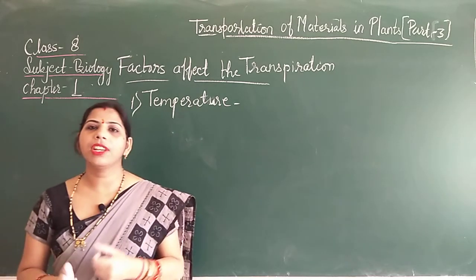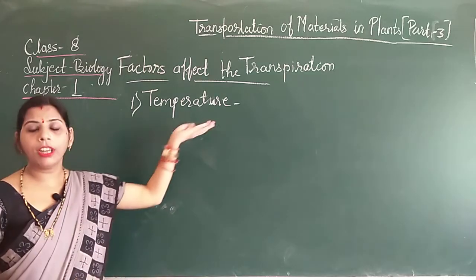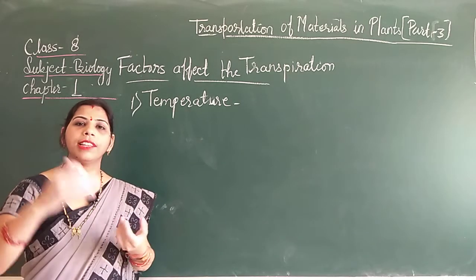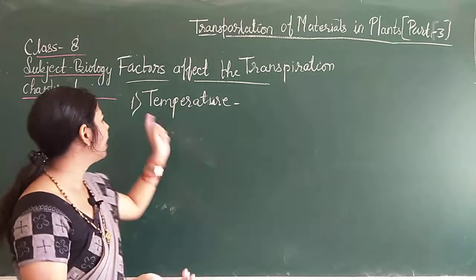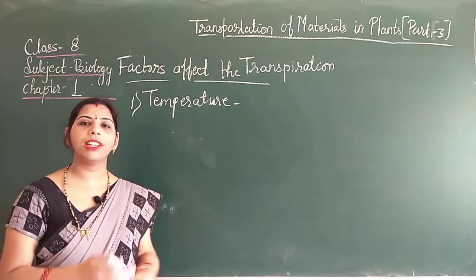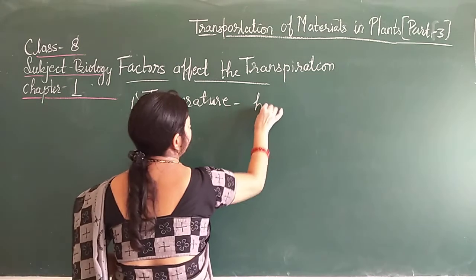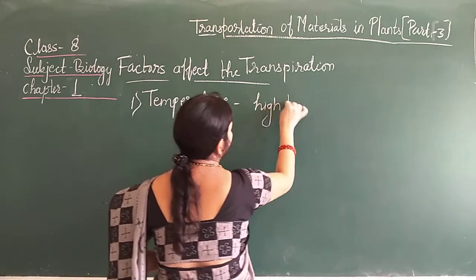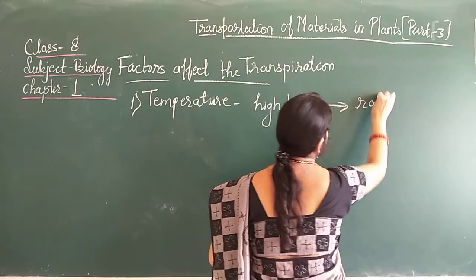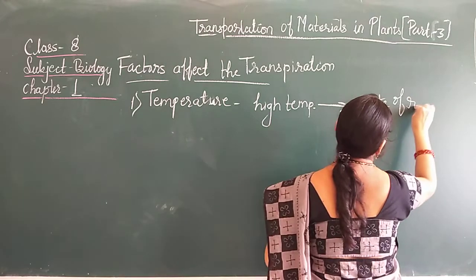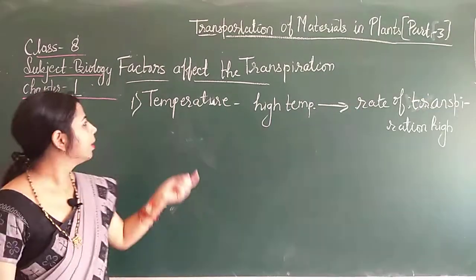If the temperature is higher, what happens? The water evaporates from the surface of the leaf and more water is going to be pulled. That means if temperature is higher, the rate of transpiration is higher.